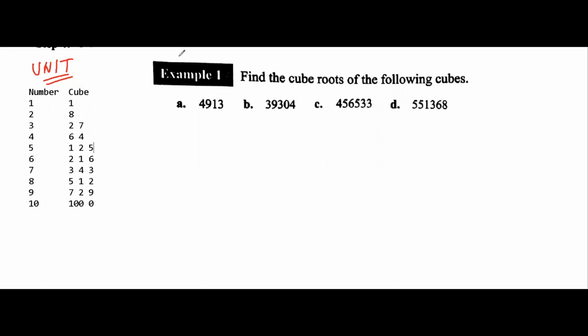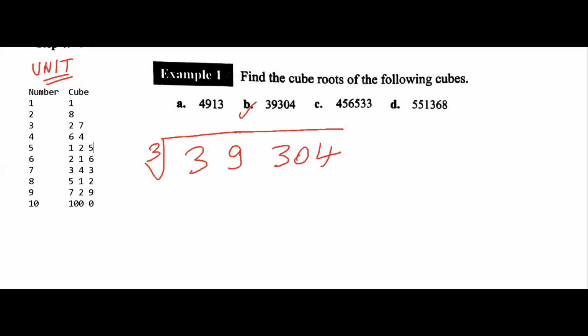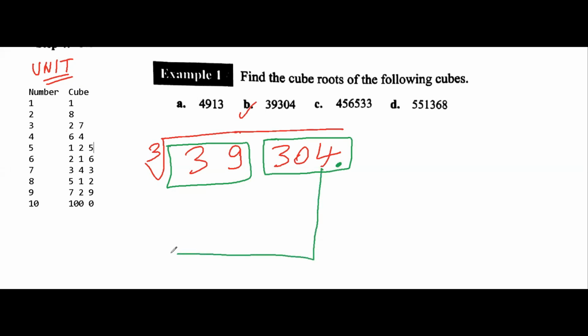Okay, so the first question which I have taken is say B1. That is, I need to find the cube root of the number 39304. Okay, so what is the first step? First step is group this in the triplets form from the decimal point. That is the first step. Okay, now locate this 4 in this cube number.